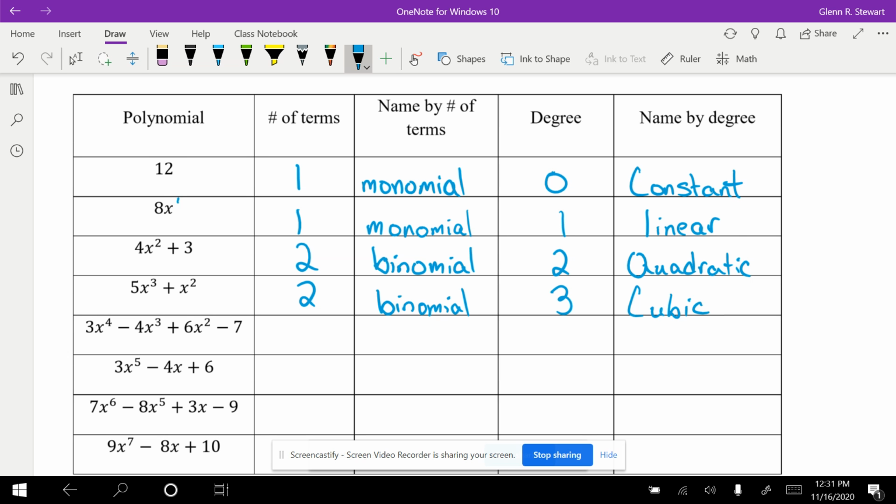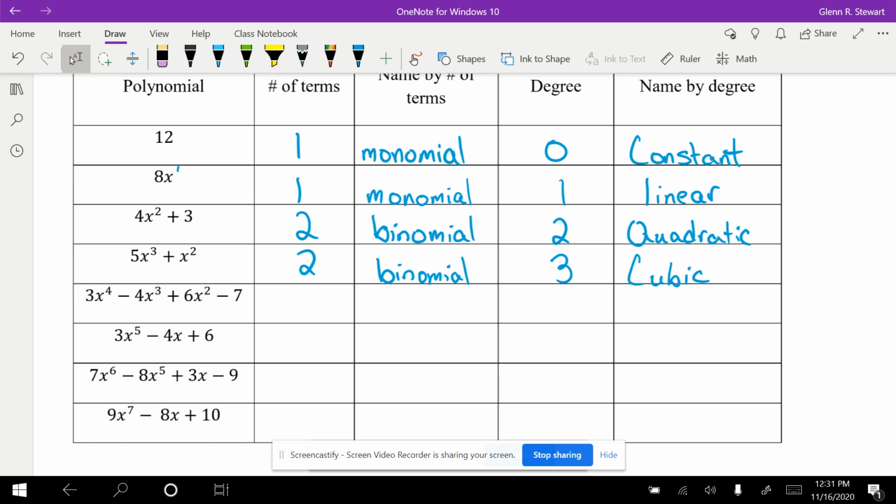The next one has 4 terms. So we're just going to classify that by saying that it is a polynomial of 4 terms.